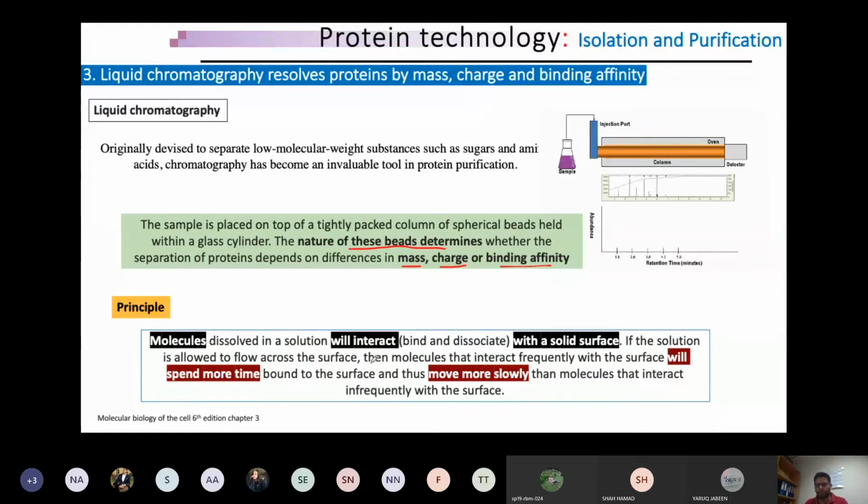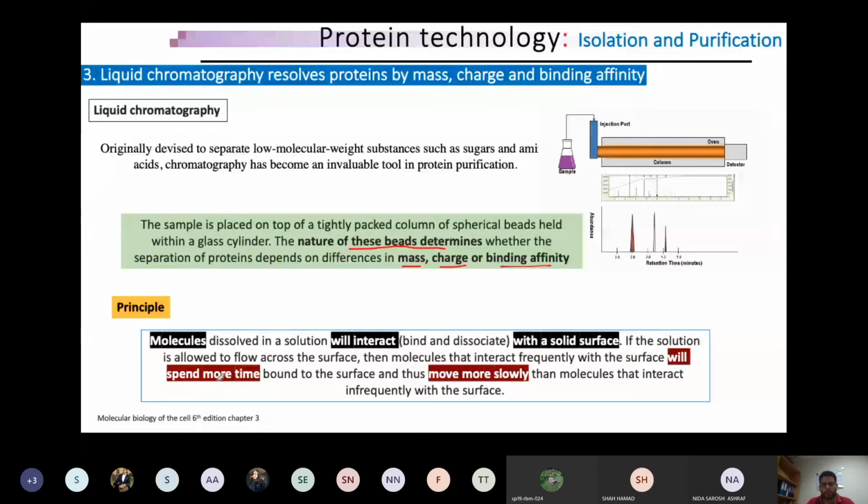So what is the principle? Molecules dissolved in a solution will interact. The principle is simple: whatever molecules you have, they will interact with these beads, whether by mass, charge, or binding affinity, with this solid surface.